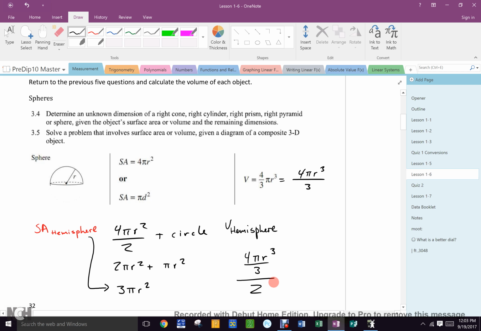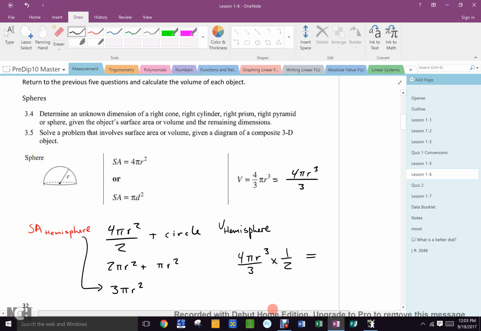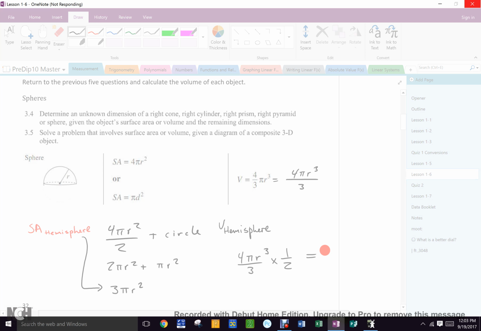Barf. What's the better way to write a fraction divided by 2? Right. This down here is the same as times 1/2, yes? Okay. 1's in the numerator, so what happens to the numerator in our formula? Stays the same, 4 pi r cubed.